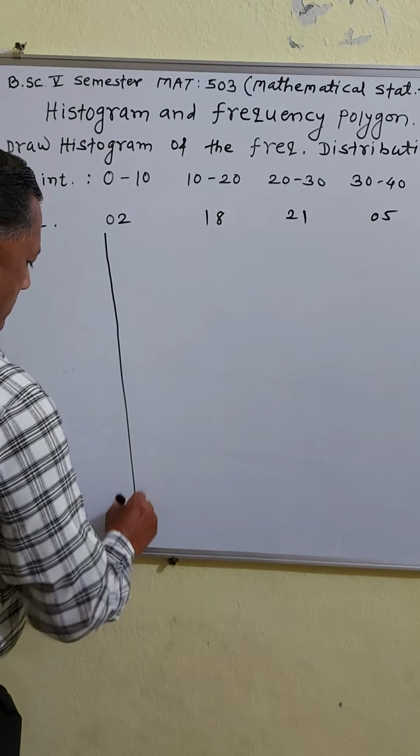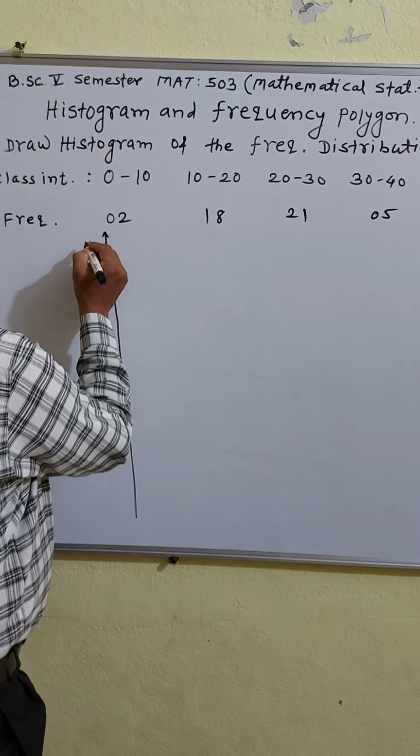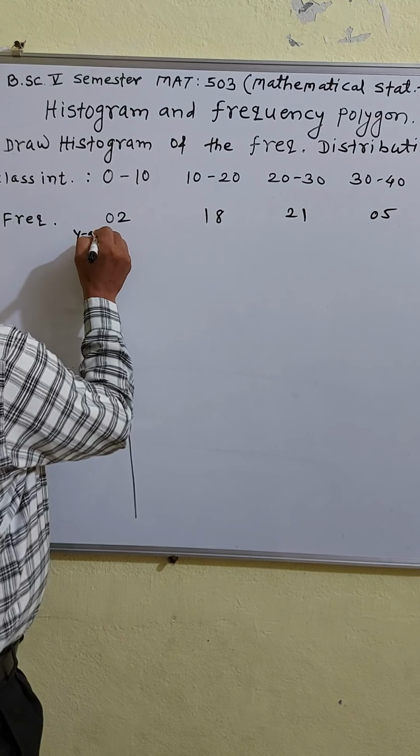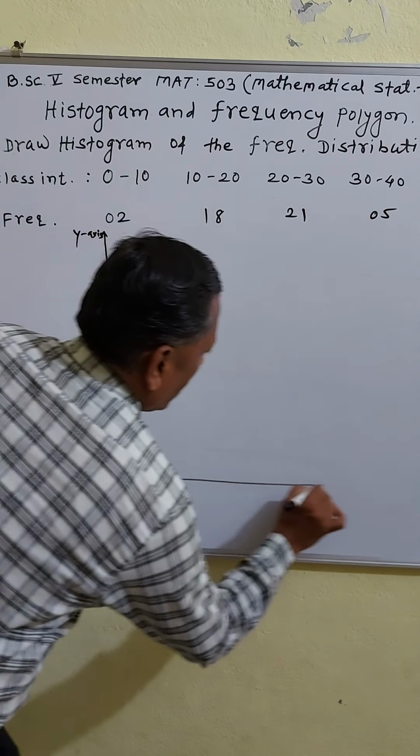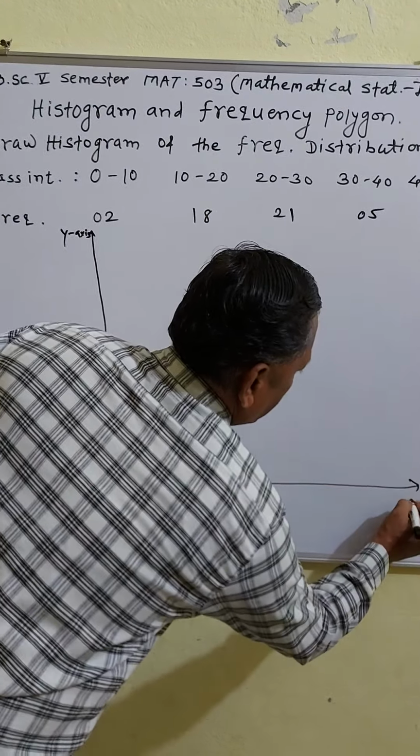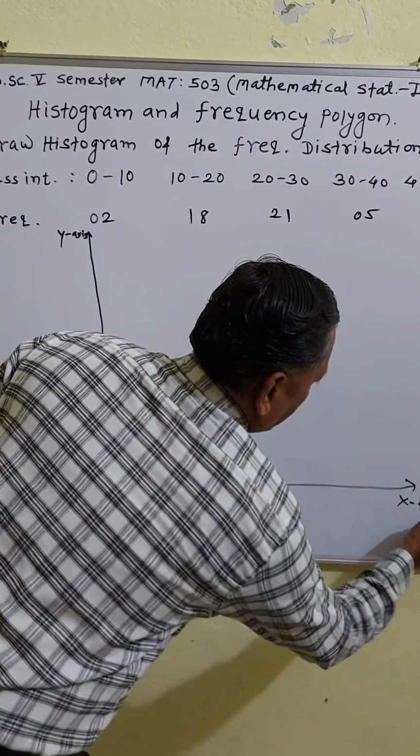Suppose this is the y-axis. You take a suitable scale. This is the x-axis.